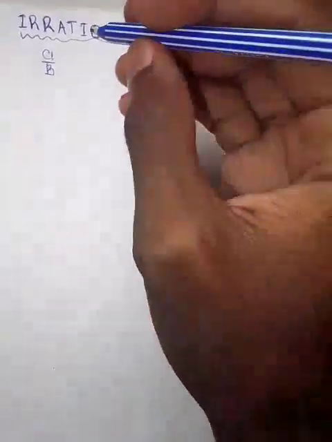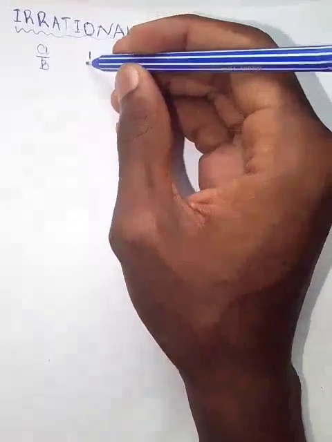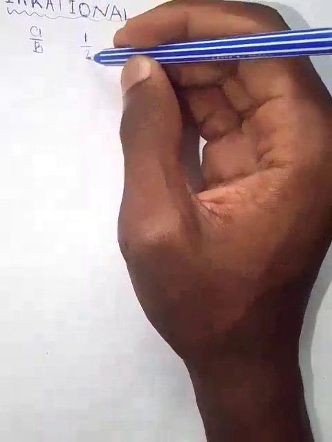For instance, let's say 1 over 2. 1 over 2 is a rational number because we have expressed it in this form.